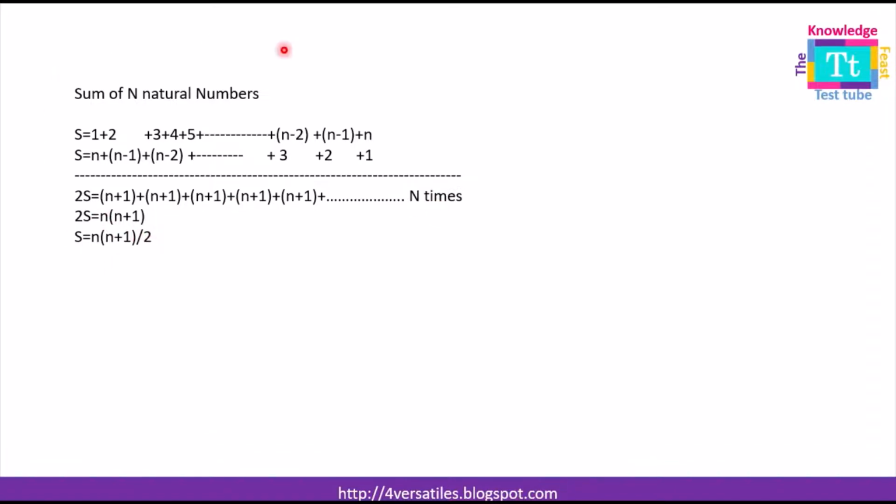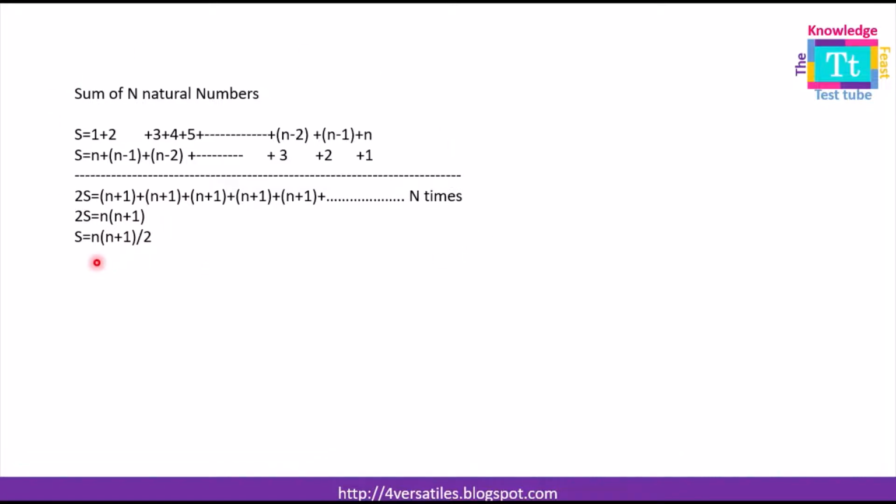So this is called parameterization. What you have done is tried to understand the pattern of the sum of 2 digits, 3 digits, 4 digits, and similarly you try to derive an equation to find the sum of n natural numbers. So this is nothing but parameterization.